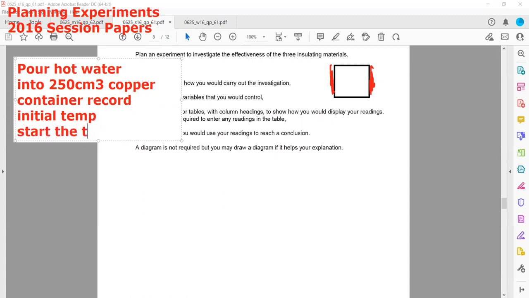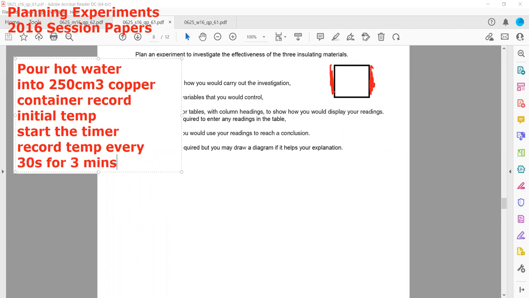Then start the timer, record the temperature every 30 seconds for 3 minutes. Then we can repeat the experiment.